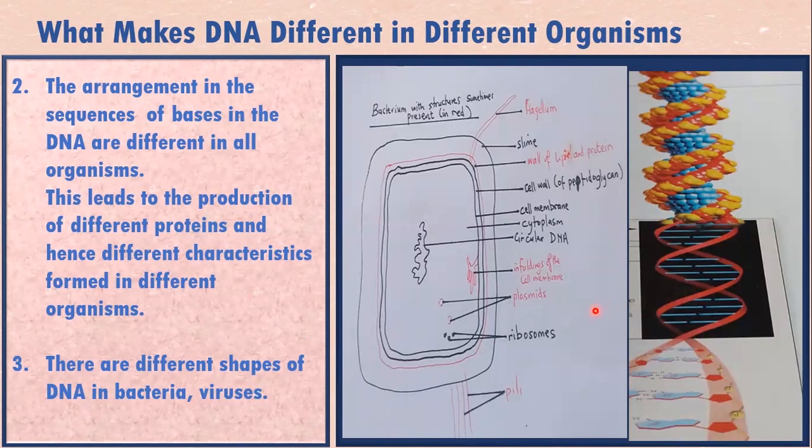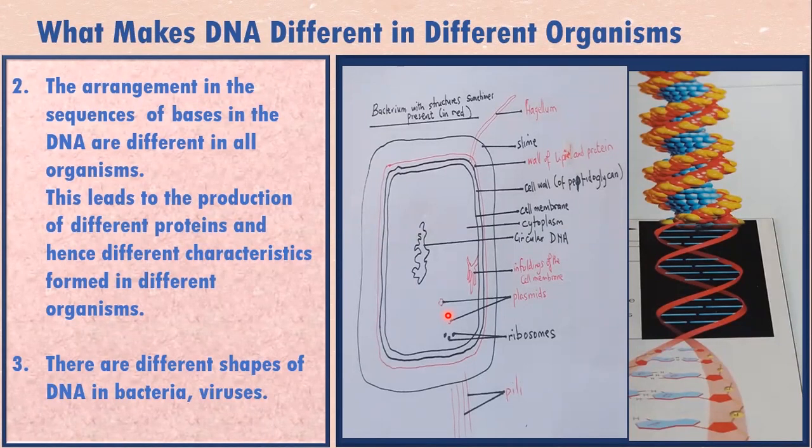And not only the shape and the sizes, but the way the DNA is turned around. For instance, look at this bacterium. This bacterium has a circular DNA and it has some plasmids here, which also look circular. So these are the reasons that make DNA different in different organisms.